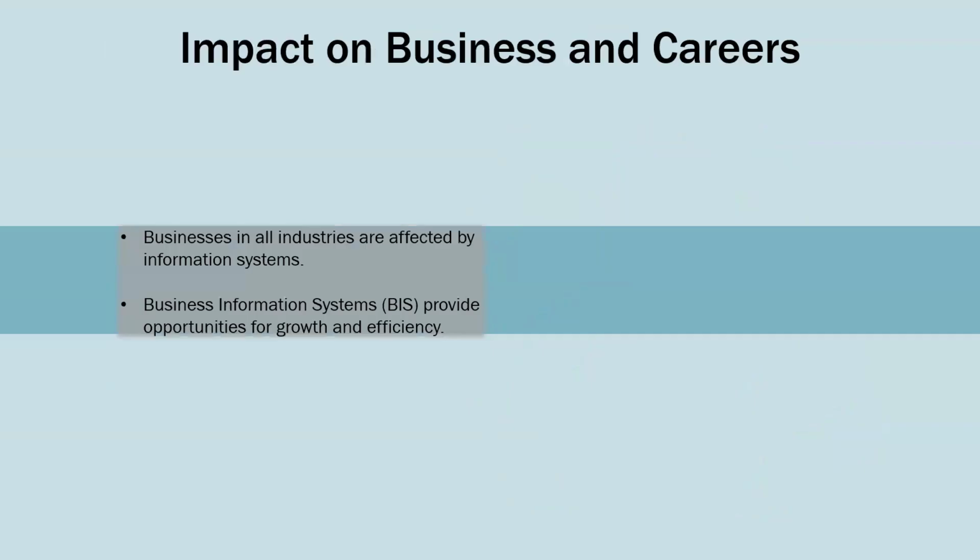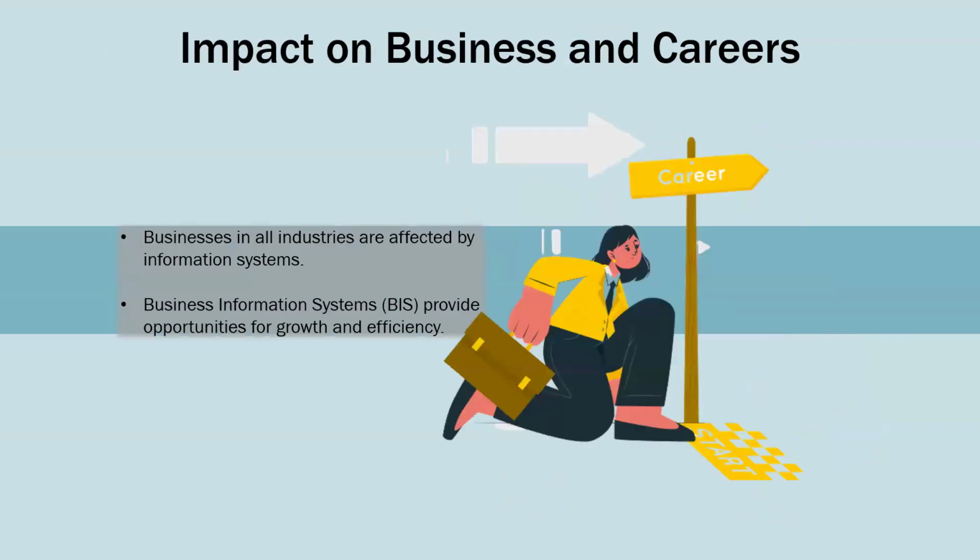So now let's look at the impact of information systems on business and careers, right? Businesses in all industries are affected by information systems. I think there's no business these days that is not affected by information systems, right? Even if it's a small business, as long as they use phones or a laptop, as long as they use anything electronic, that's an information system.